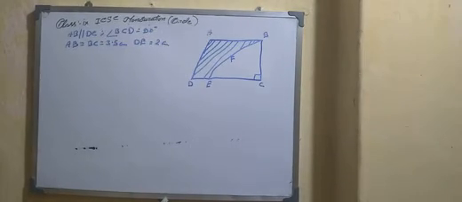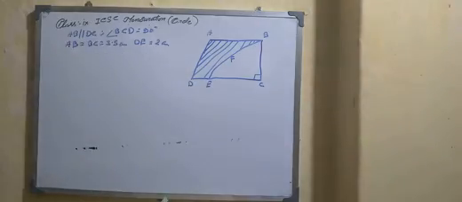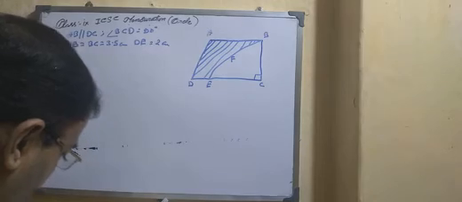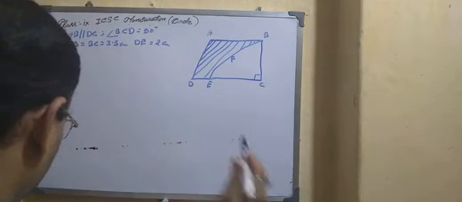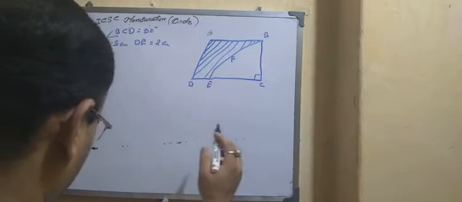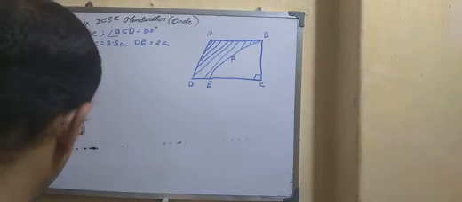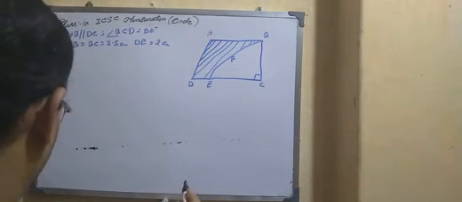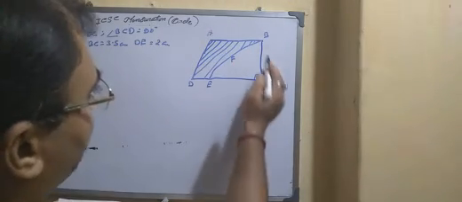Hello students, welcome back with another problem. In the figure, a piece of cardboard is in the shape of a trapezium. ABCD is a trapezium, AB parallel to DC, angle BCD equal to 90 degree.